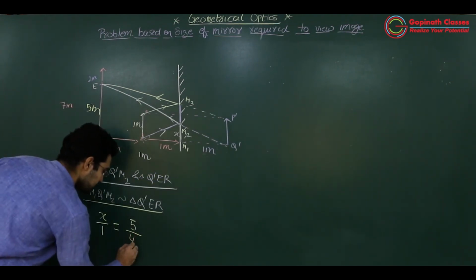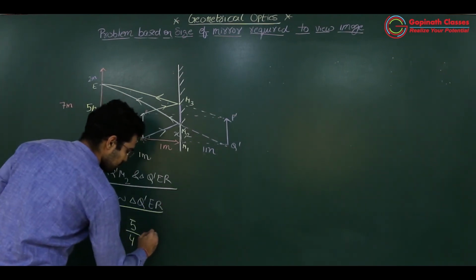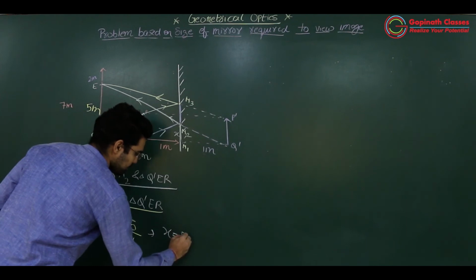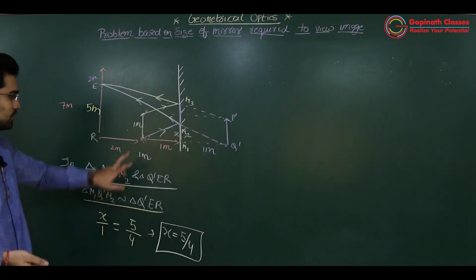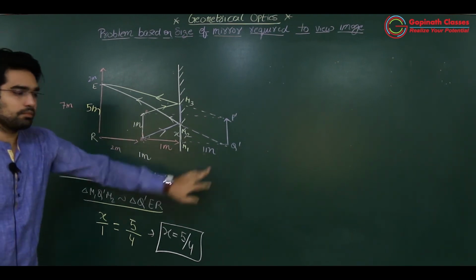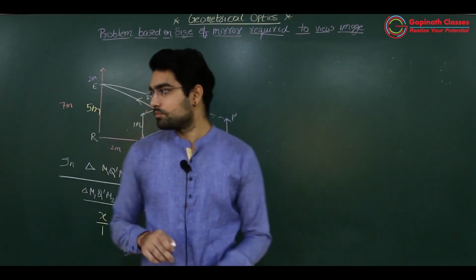So this is 4. So x becomes 5 by 4. This distance is 2 plus 1, 3, 3 plus 1, 4. So your x becomes 5 by 4.